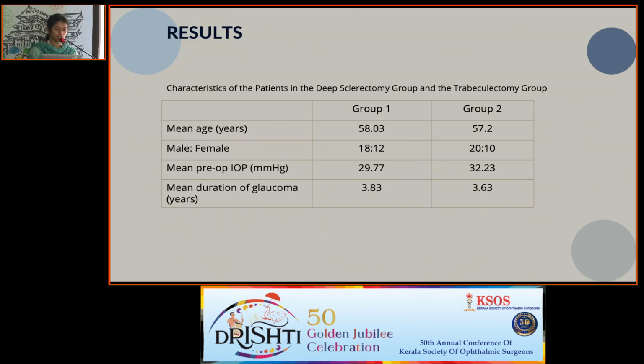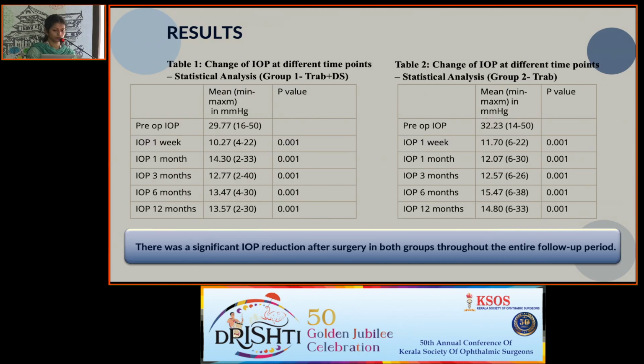The mean age was 58.03 in group 1 and 57.2 in group 2. Male to female ratio was 18:12 in group 1 and 20:10 in group 2. Mean pre-op IOP was 29.77 in group 1 and 32.23 in group 2. Mean duration of glaucoma was 3.83 years in group 1 and 3.63 years in group 2.